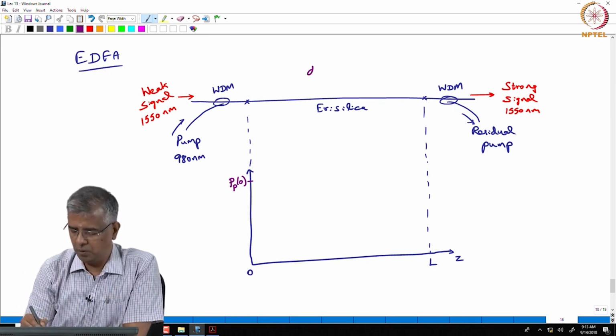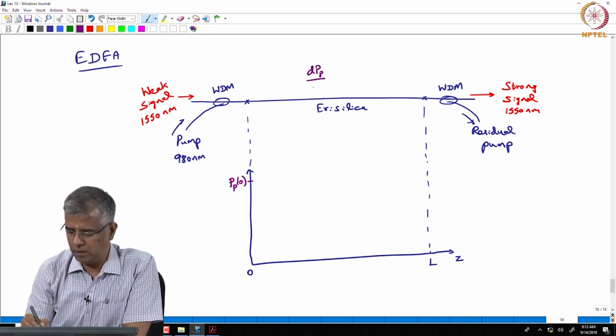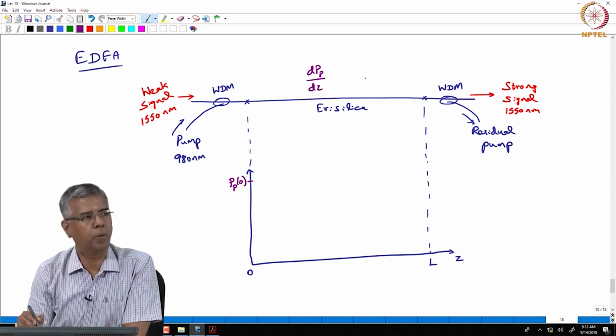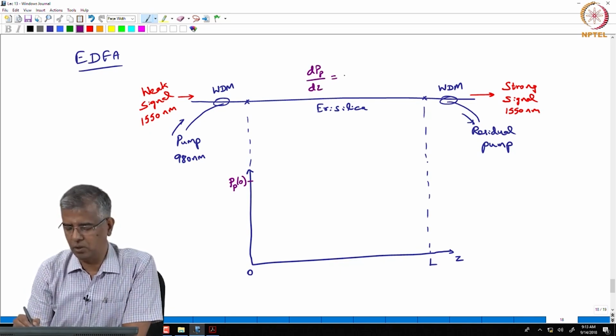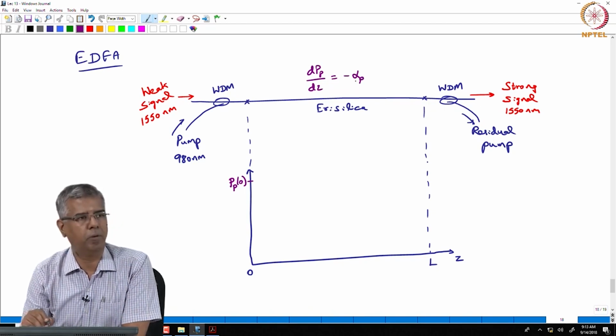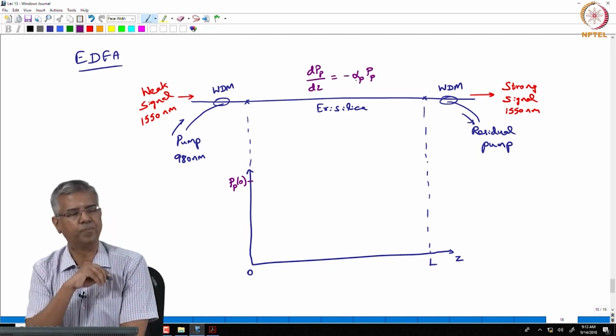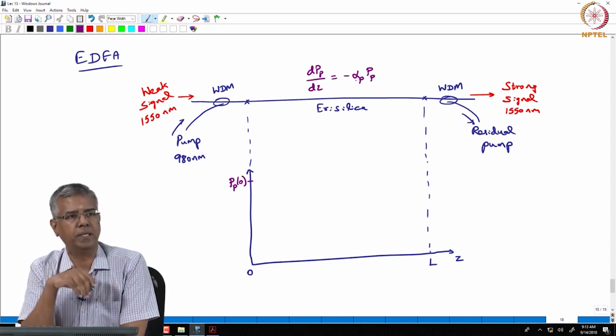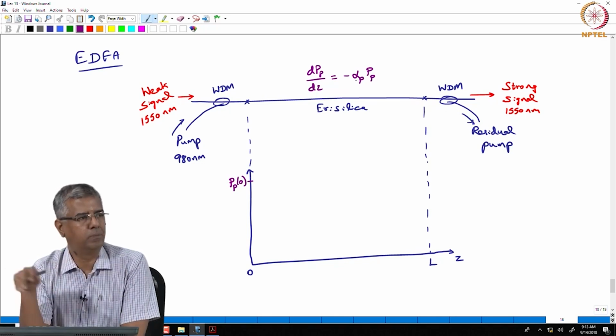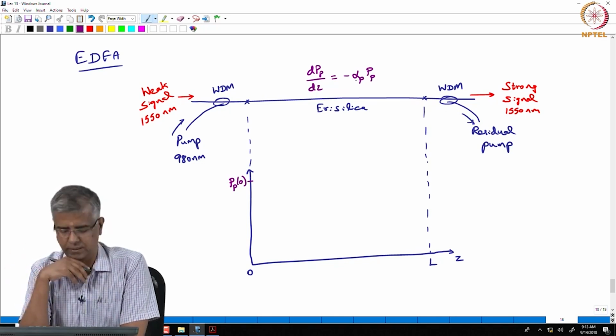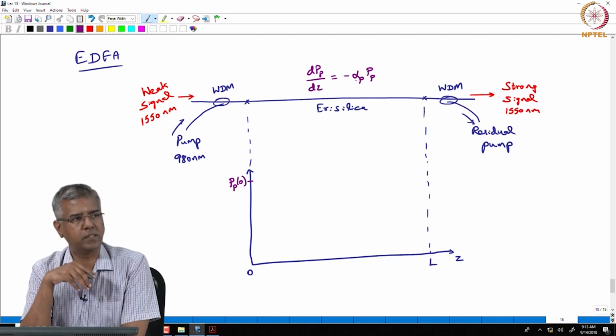So, you can say that dP_p/dz as it propagates is going to go through a certain absorption at the rate, let us say alpha_p, that is the absorption coefficient, multiplied by P_p. So, it is actually getting absorbed at a constant rate. What is the solution you expect?